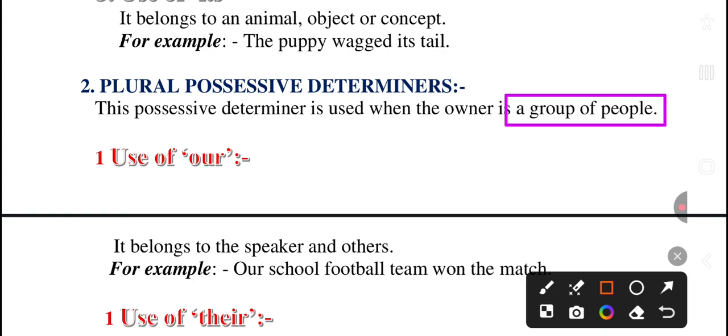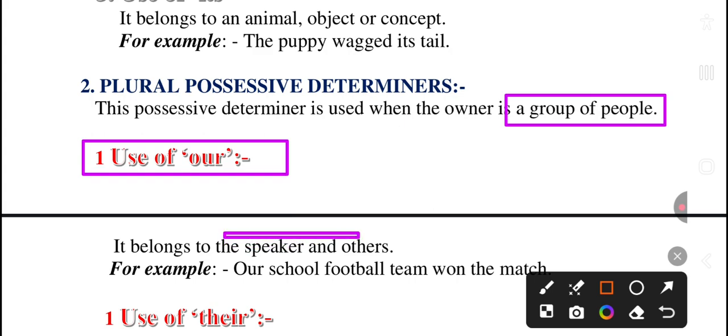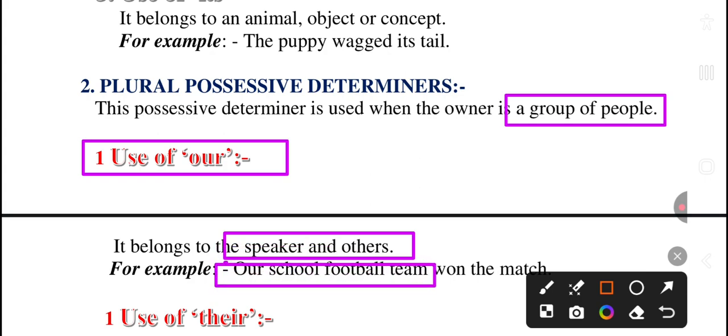First one is use of our. It belongs to the speaker and others. For example, our school football team won the match. Here, our acts as a possessive determiner and school football team acts as a noun.